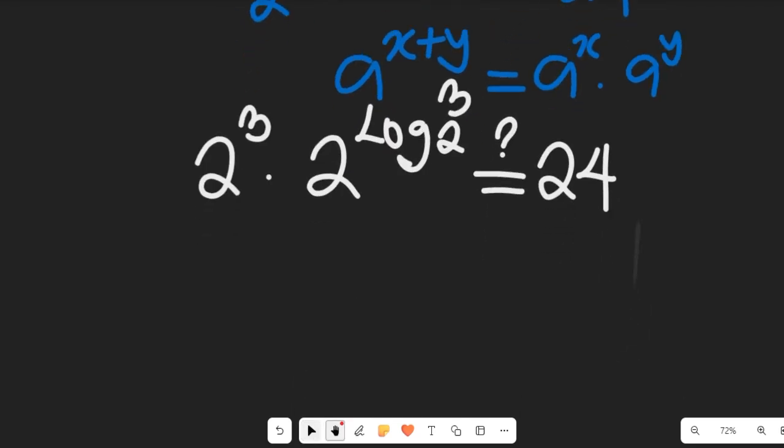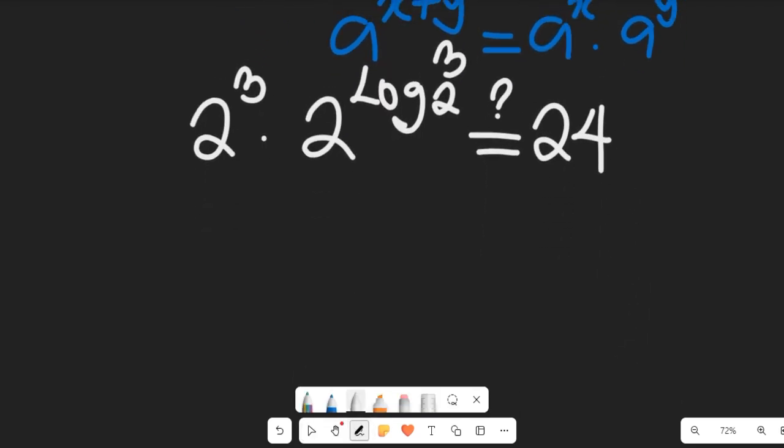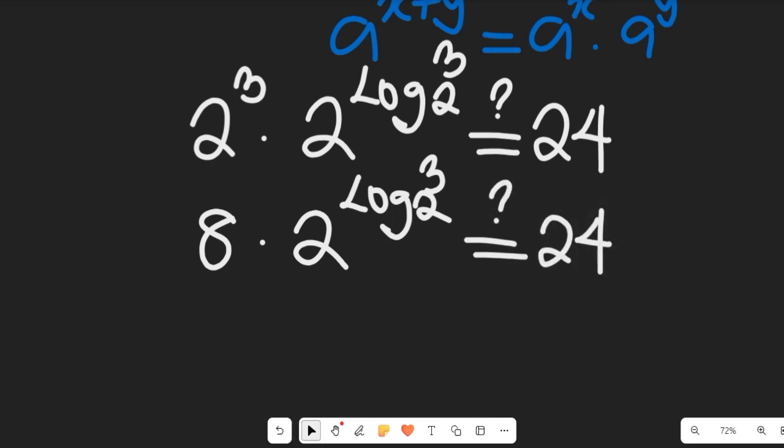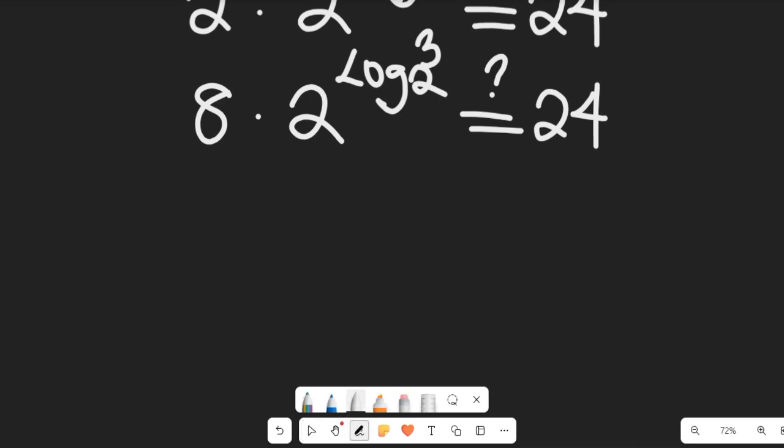Let's check that out. If we simplify that, this is going to give us 2 times 2, 4 times 2, 8. This is going to give us 8 multiplying 2 to the power of log of 3 base 2. Will this give us 24? Now, if we simplify this, recalling one important law of indices, that if I have a to the power of log of b base a, this can simply be equal to b.